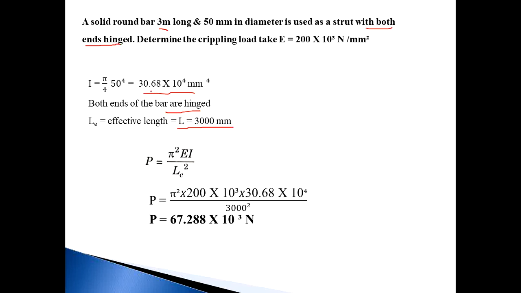Then I is equal to 30.68 into 10 raised to 4. Then L effective square, that is L effective is 3000 square. By solving this equation, we got P is equal to 67.288 into 10 raised to 3 Newton, or 67.28 kilo Newton. This is a solution for a simple problem of column by using Euler's equation.